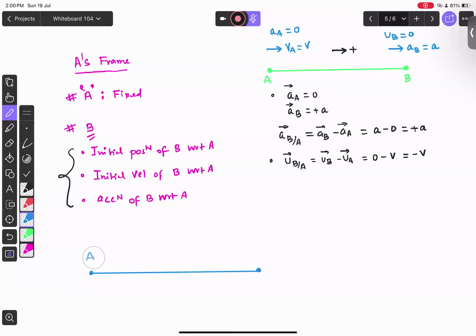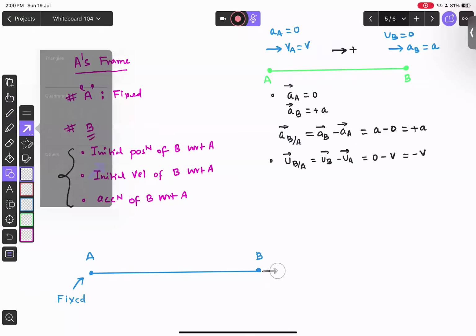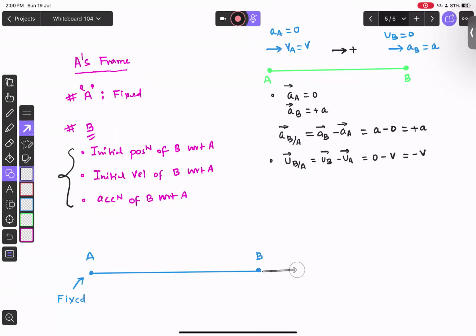So if I consider A fixed, I'm thinking as if A is the point which is the origin itself and B is the only moving particle, moving with an initial velocity. Now, the acceleration of B with respect to A is plus a, meaning right side, and the initial velocity of B is minus v.